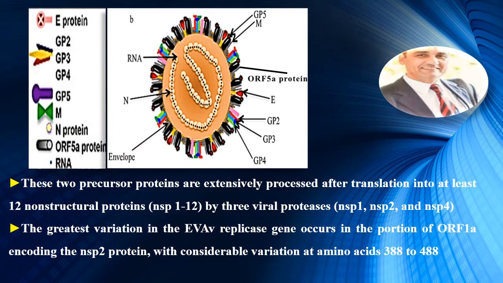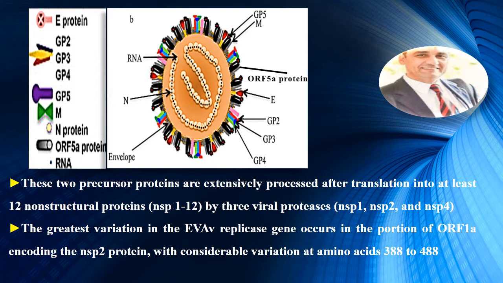These two precursor proteins are extensively processed after translation into at least 12 non-structural proteins, nsp1 to 12, by 3 viral proteases: non-structural protein 1, non-structural protein 2, and non-structural protein 4.